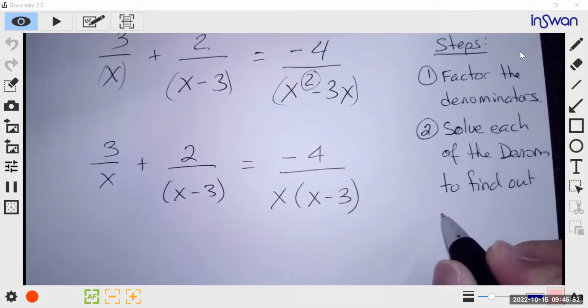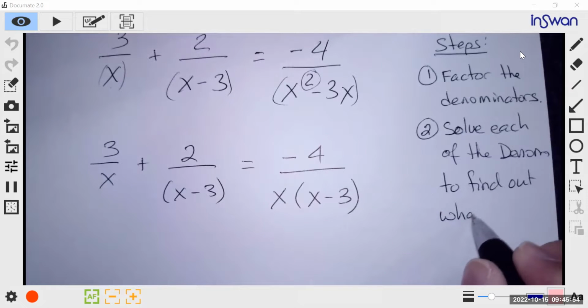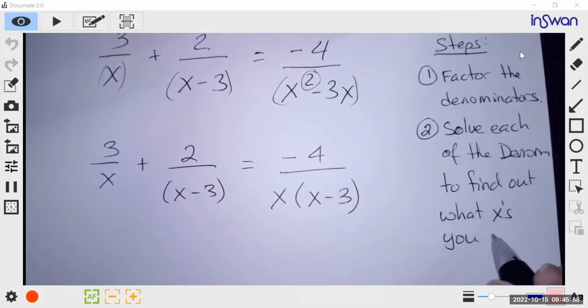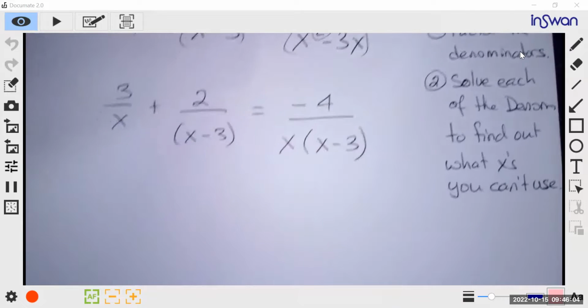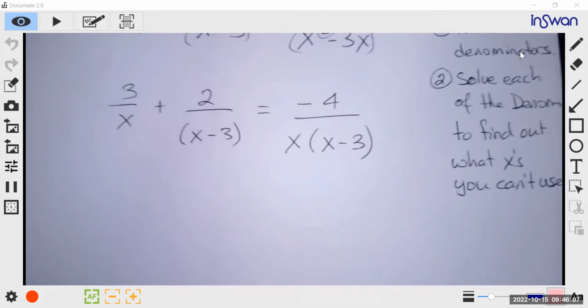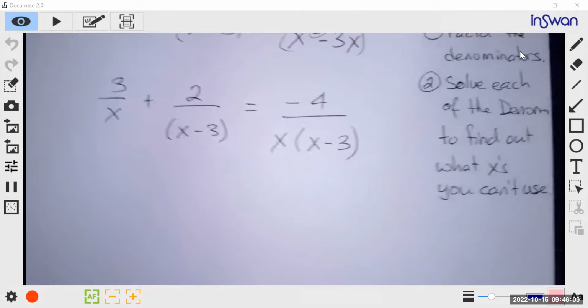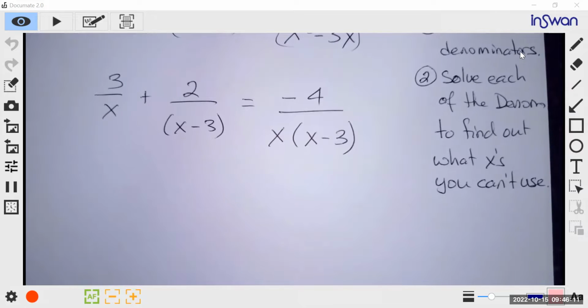To find out what x's you can't use, solve each of the denominators to find out what x is.